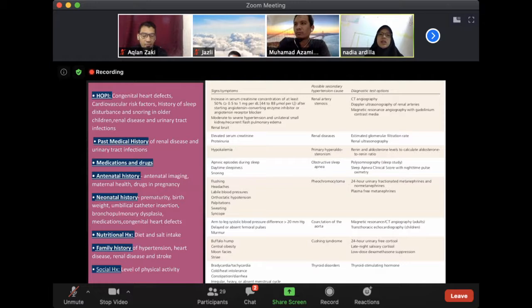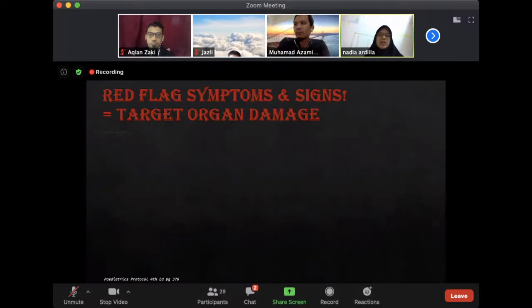So this is how actually you want to differentiate primary and secondary, as well as if you know it's secondary, what are the underlying causes. So then when we have found the state of hypertension in these children, we need to identify is there any red flag symptoms and signs, because if there is existence of red flag, it may indicate that this patient has target organ damage.